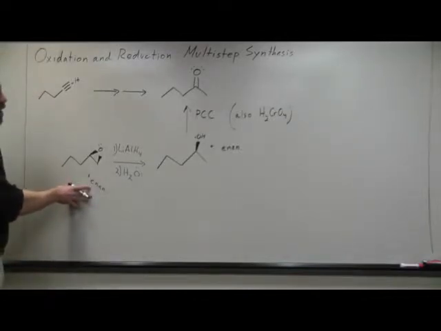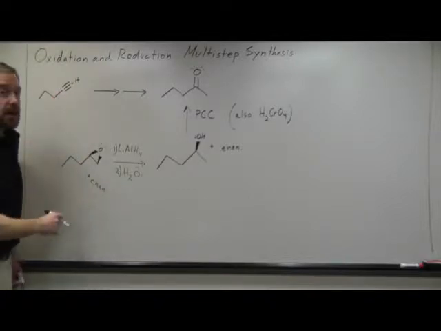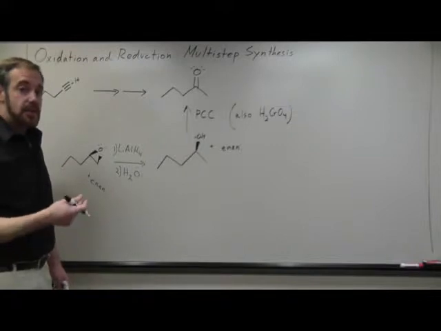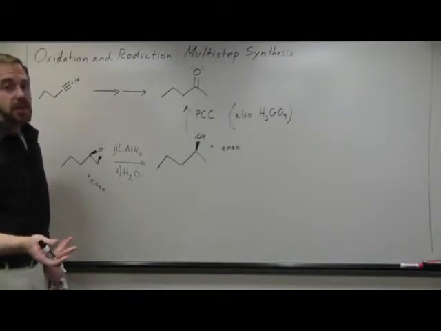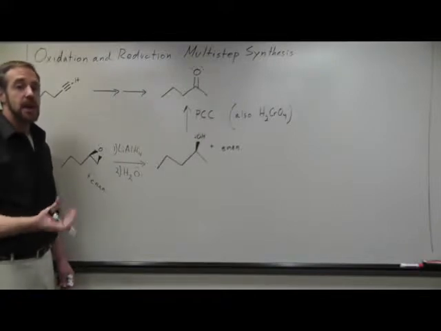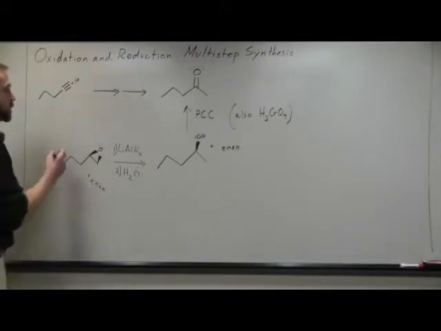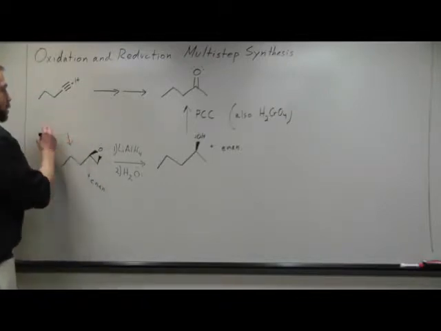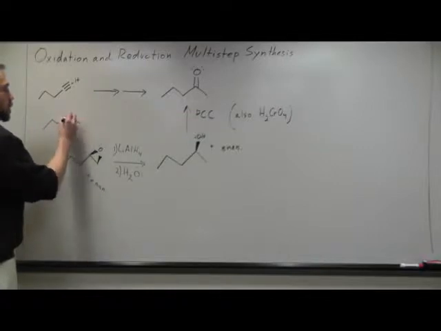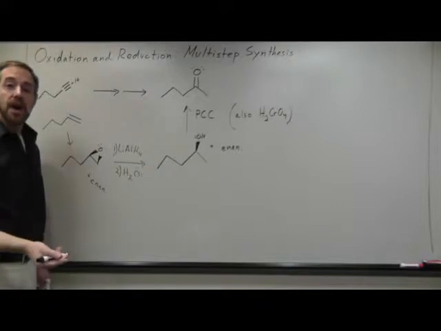From our 5-carbon epoxide here, we don't have a reaction from an alkyne to an epoxide, but we do have a reaction from an alkene to make epoxides. And in fact, the only way we can make epoxides is from reaction with alkenes. And there's 2 different pathways, but we've learned one new one in this current chapter. And so from the terminal alkene, we can use a peroxy acid.